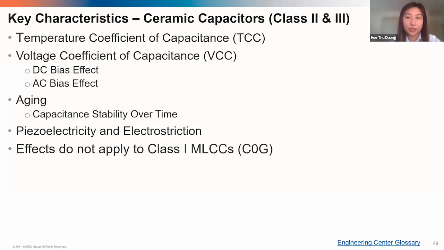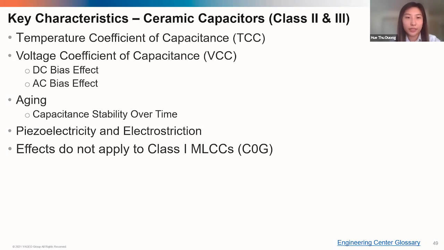These parts will also experience aging, which means that there will be a change in capacitance over time due to the change in crystalline structure of the barium titanate technology. Aging can always be reversed by bringing these parts above their Curie temperature. These parts also experience piezoelectricity and electrostriction, again due to their crystalline structure and dipoles when applying alternating voltages.